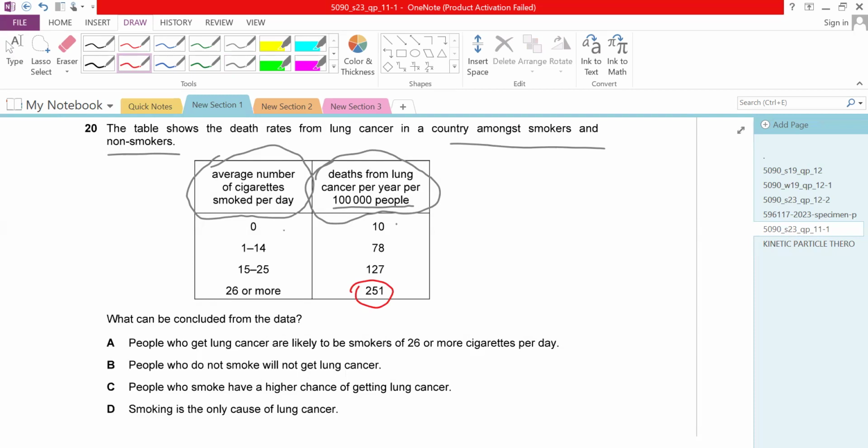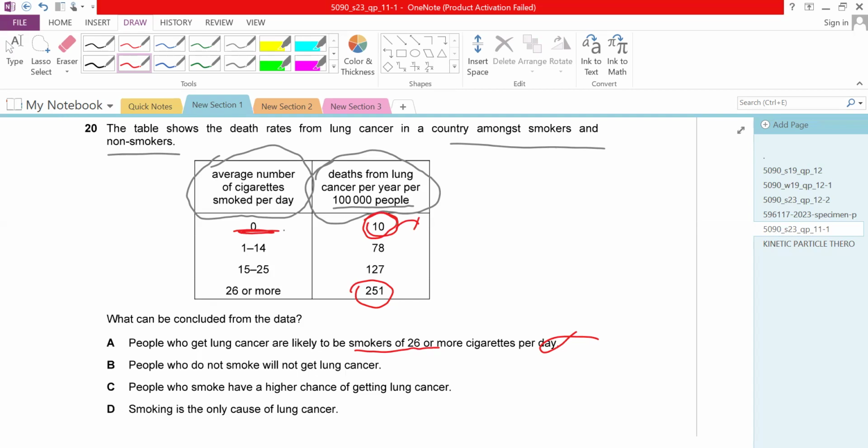Let's read out the options. People who get lung cancer are likely to be smokers of 26 or more. No. People who do not smoke will not get lung cancer. But according to the data, you can see that those who do not smoke cigarettes still get lung cancer, about 10%.